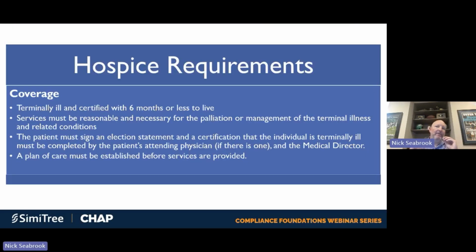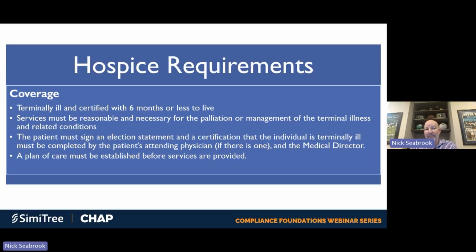So again, switching gears here, this slide looks familiar. We had one out there for home health as well. What the requirements are, this is more of a reminder here for coverage for hospice. Number one, the patient must be terminally ill and certified to have 6 months or less to live. Services must be reasonable and necessary for the palliation or management of the terminal illness and its related conditions.